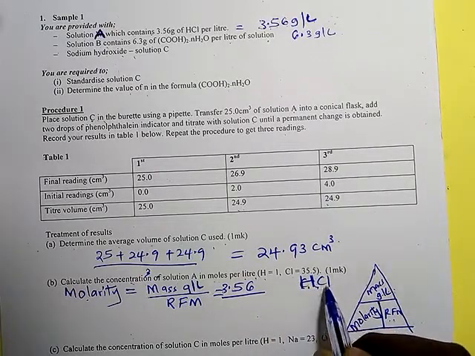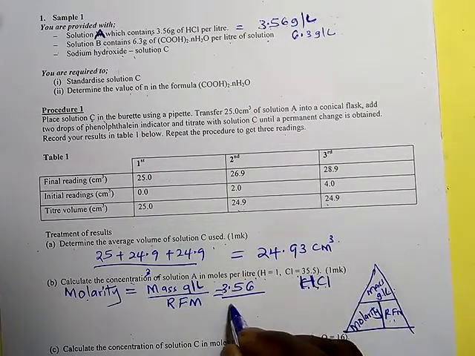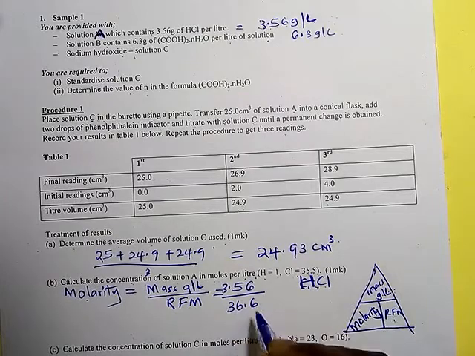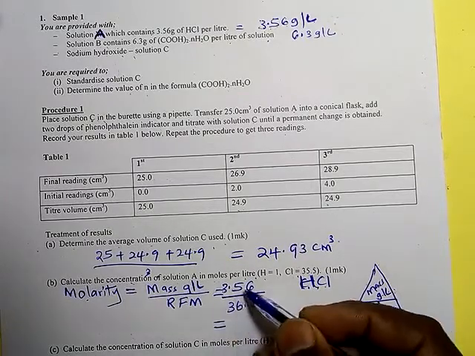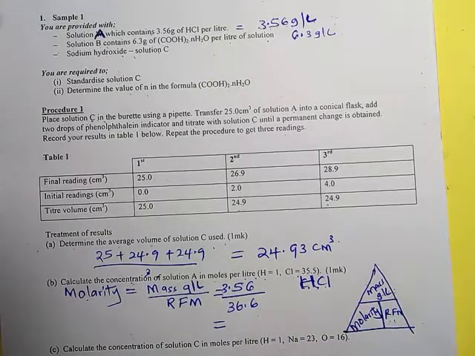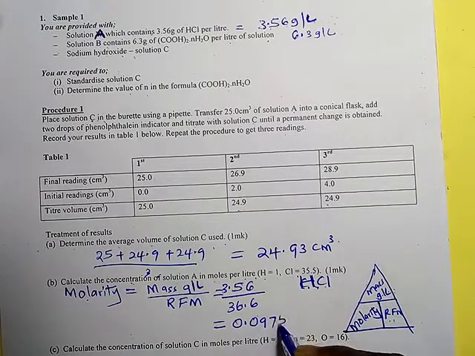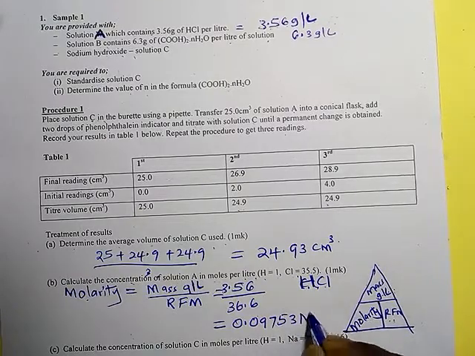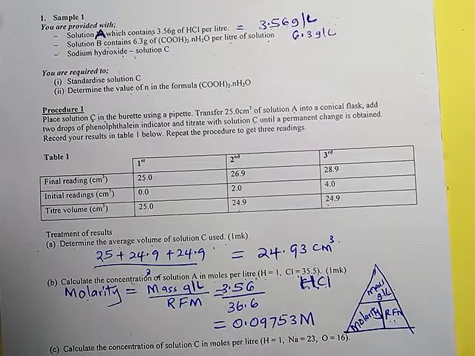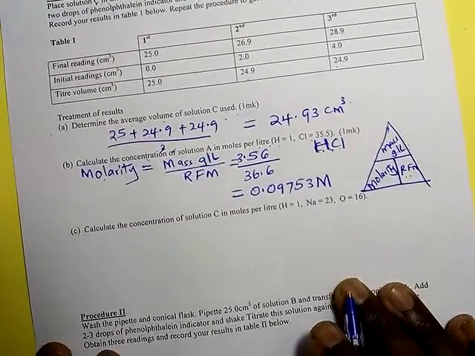This is 1 plus 35.5, which is 36.5. Use your calculator, and it will give you 0.09753 capital M.